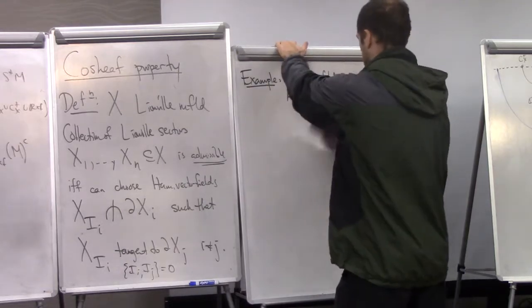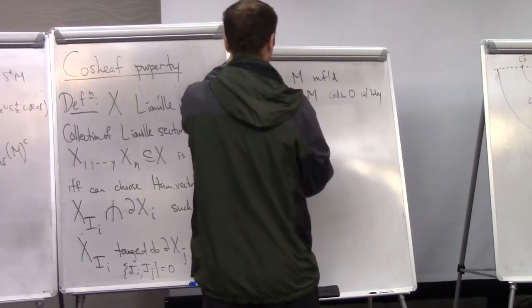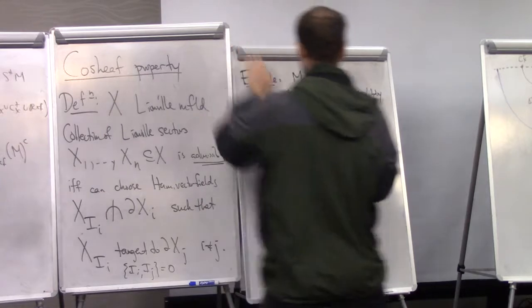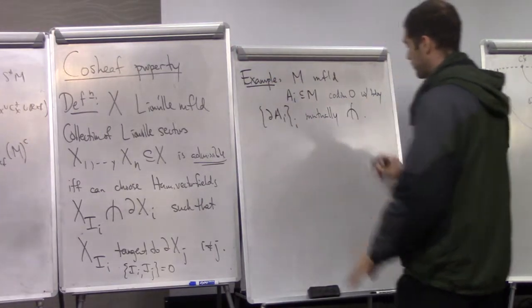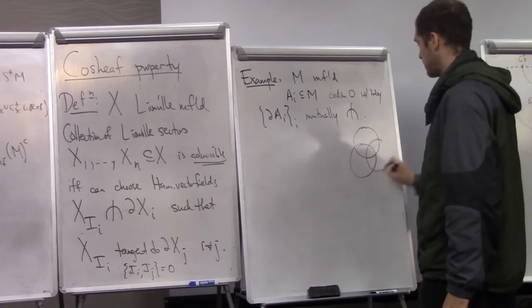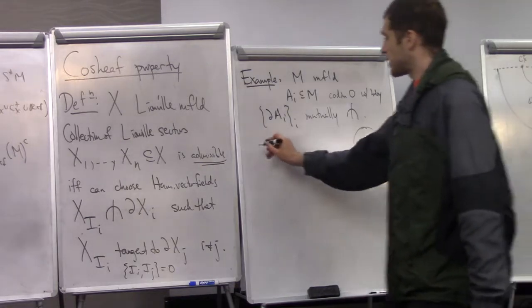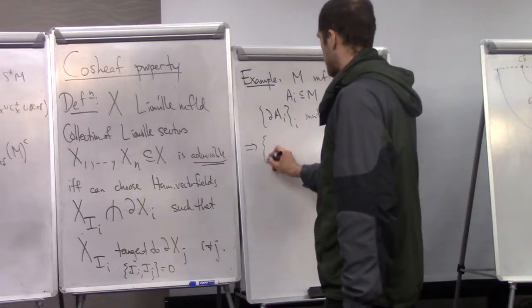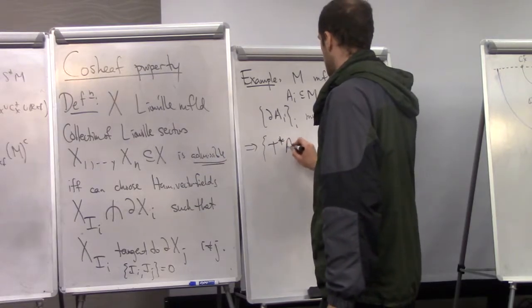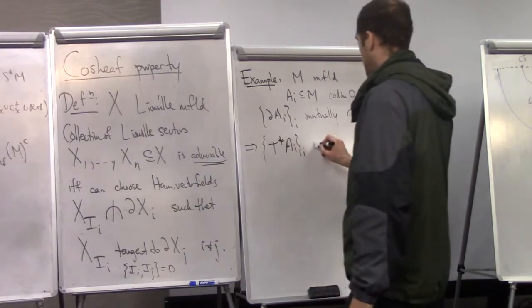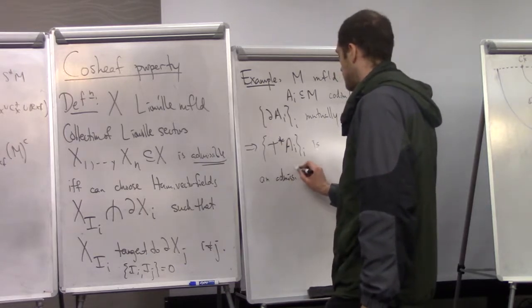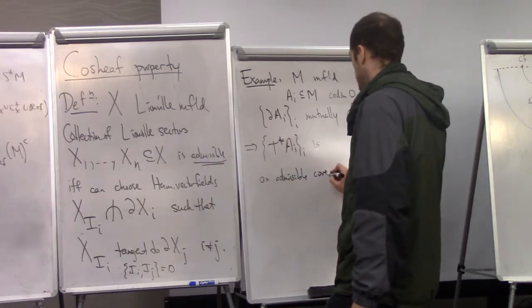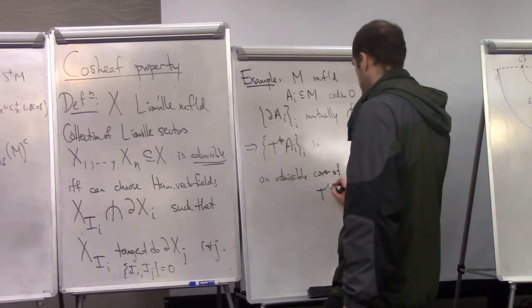So something like this. Then this collection T*A_i is an admissible cover of T*M.